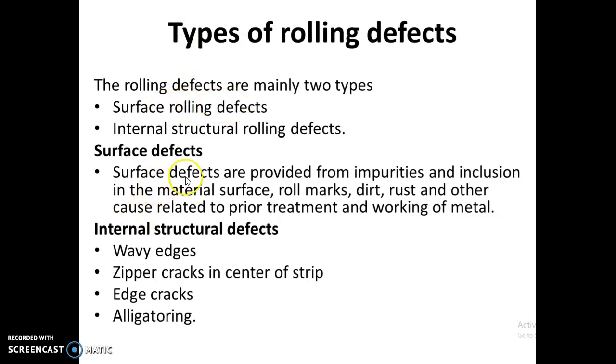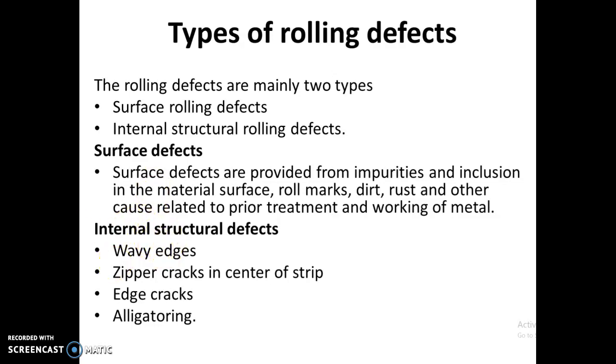Surface defects arise from impurities and inclusions in the material surface, roll marks, dirt, rust and other causes related to prior treatment or working of the metal. Surface defects are exterior defects, which can be treated before the process.